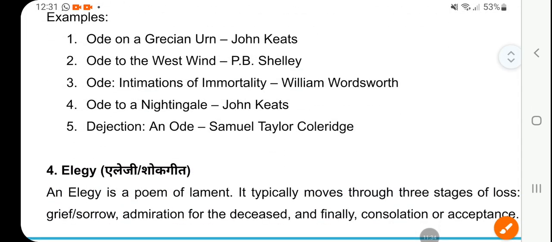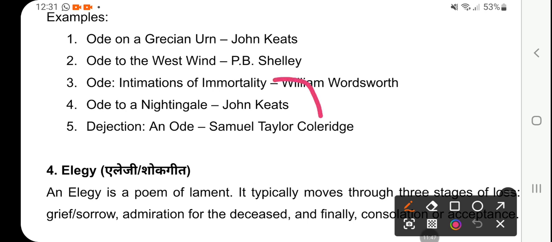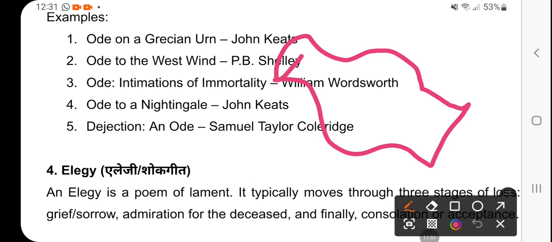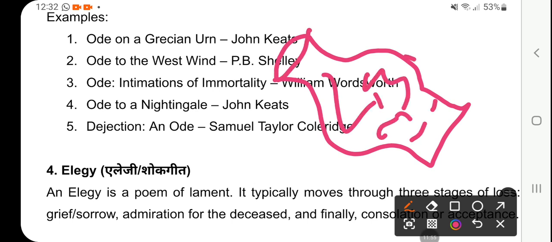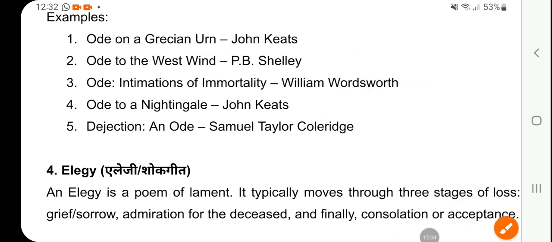Examples: Ode on a Grecian Urn, very important and worldwide famous. You must have read it. This is a Grecian urn, with paintings and all, and the ode. So somewhat you can imagine it, written by John Keats, a very, very famous poem, right?